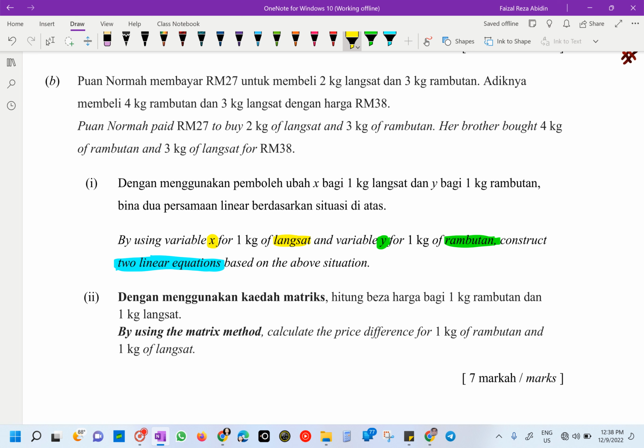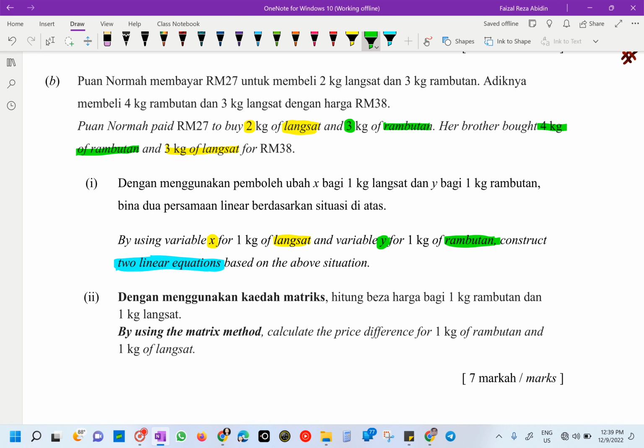First of all, langsat 2 kilo, rambutan 3 kilo untuk Puan Norma. Her brother is langsat 3 kilo and for the rambutan 4 kilo. Kan?